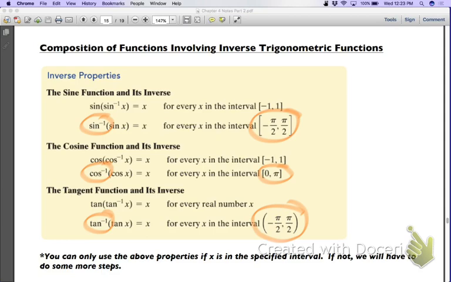What you need to do if something is outside of these intervals, so if something is outside of negative pi over 2 and pi over 2, or if it's outside of 0 to pi with cosine, is you need to basically find the value that's going to make it true.